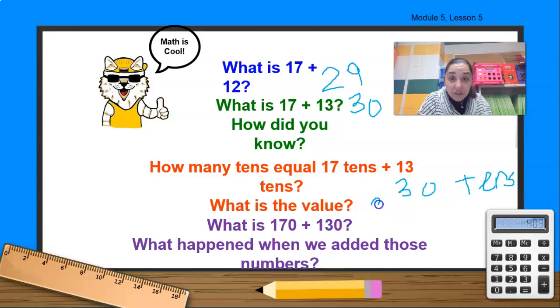Yes, the value is 300 because you have 30 tens and 0 ones, so the value is 300. What's 170 plus 130? Get ready. Yes, it is 300. I want you to think, what happened when we added those numbers?